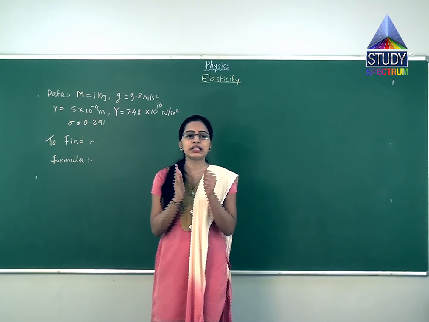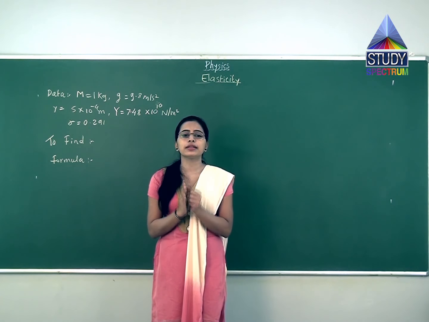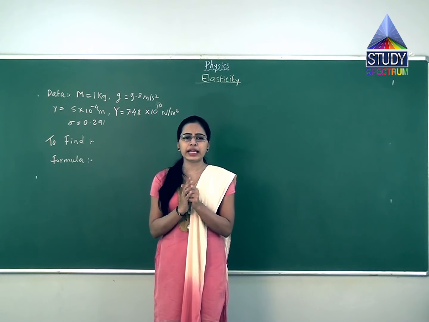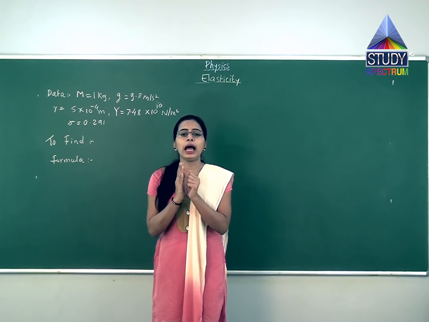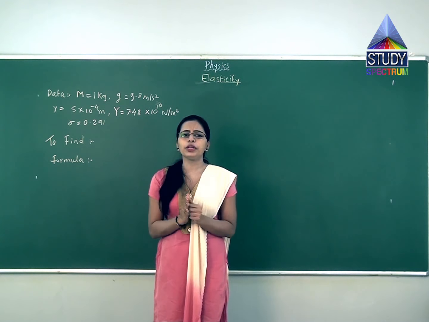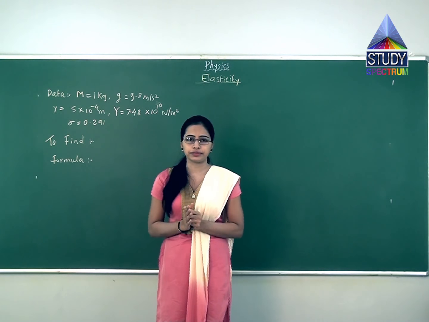Next example is the 15th example from your textbook. Now the example is: a load of 1 kg produces a certain extension in a wire of length 3 meter and radius 5 into 10 raised to minus 4 meter. How much will be the lateral strain produced in the wire?